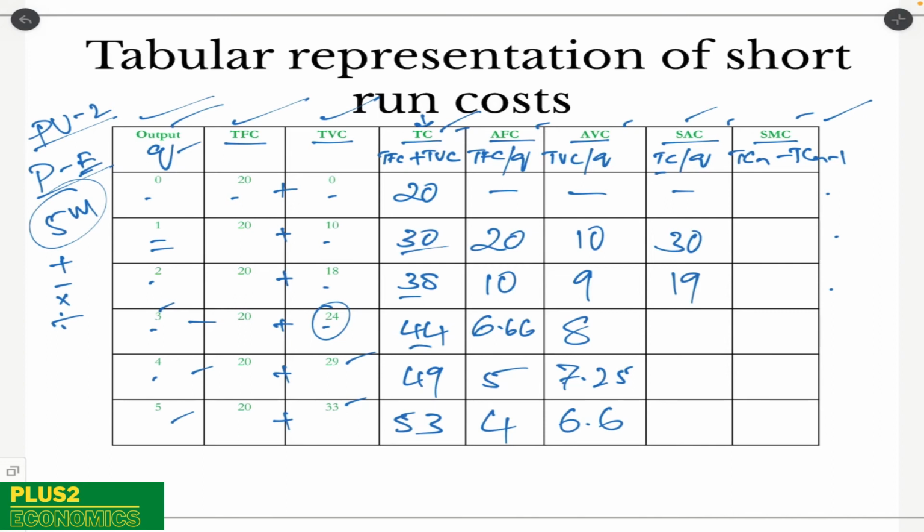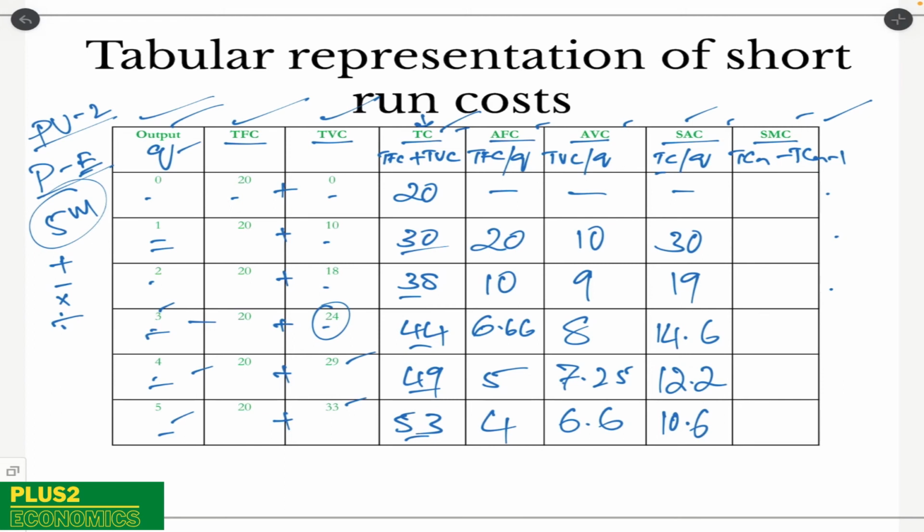Then we have 44 divided by 3, that would be equal to 14.6. After that, we have 49 divided by 4, that should be equal to 12.2. And finally, we have 53 divided by 5, and that will be equal to 10.6. So we are done with the SAC column as well.